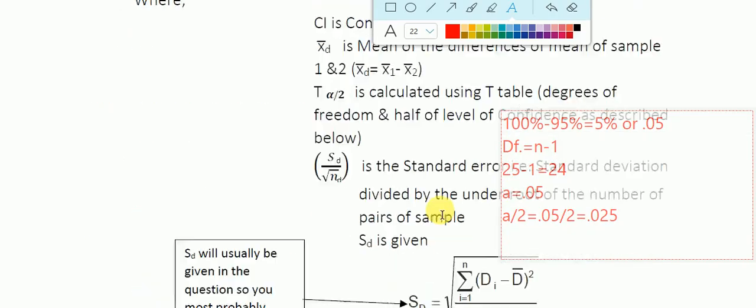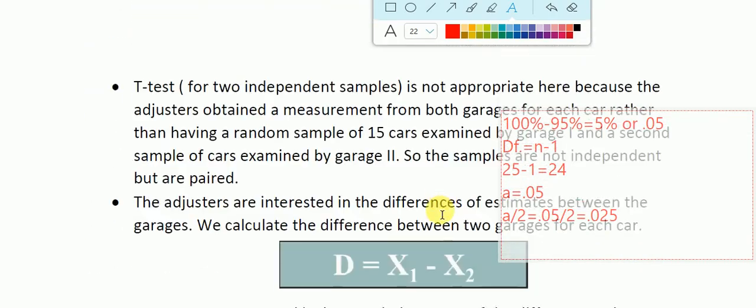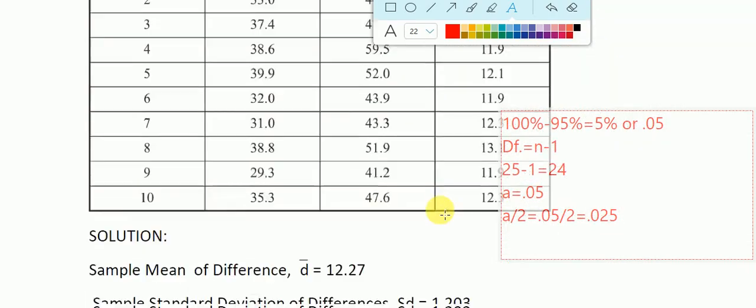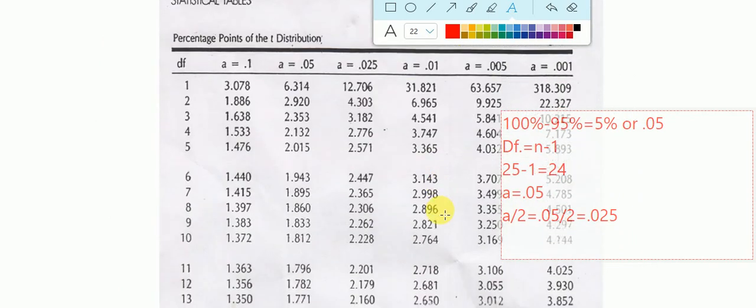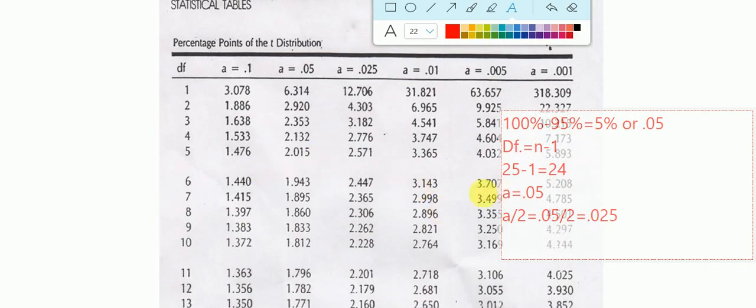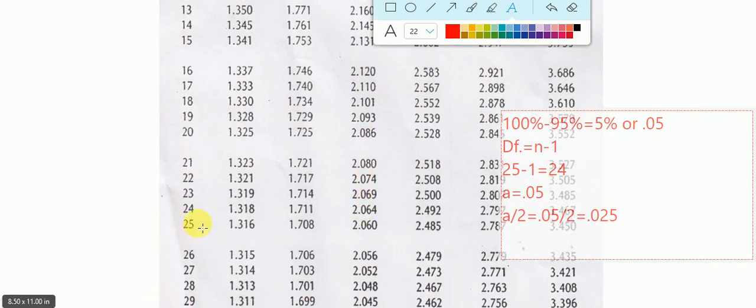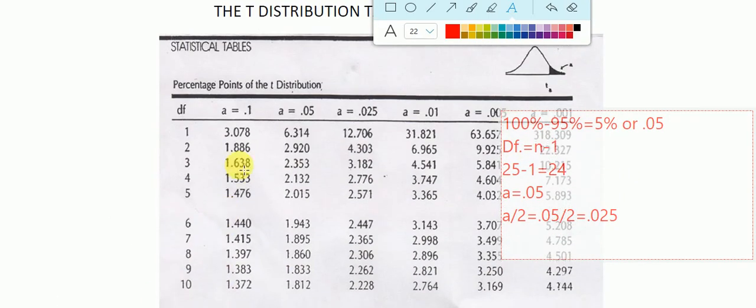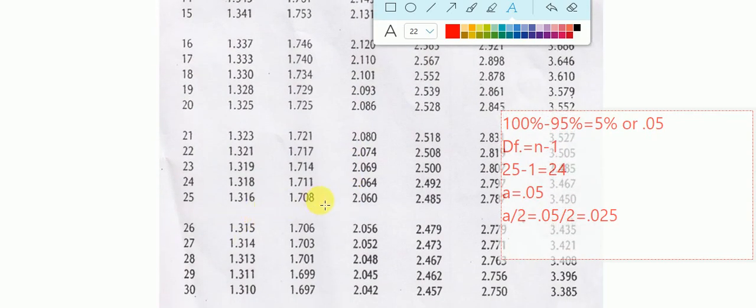So degrees of freedom is 24, and alpha by 2 is 0.025. We'll go to the t table. Degrees of freedom is 24 over here, and alpha is 0.025, which is the third column. So the value of t is 2.064.